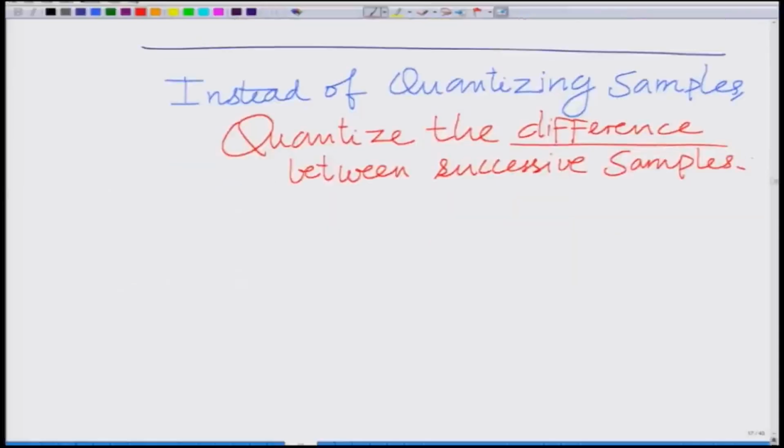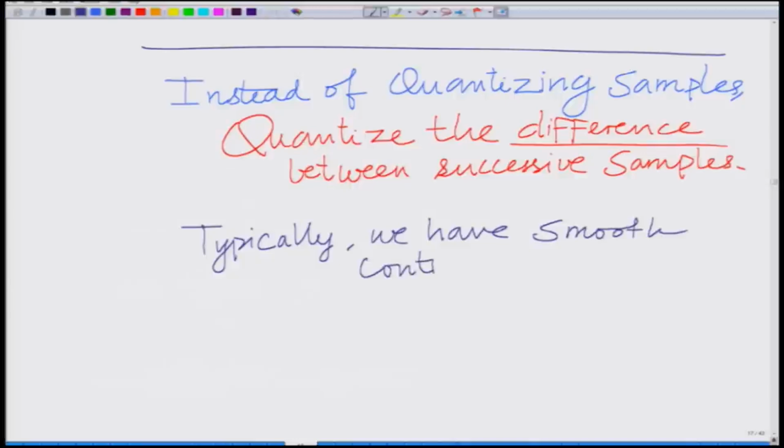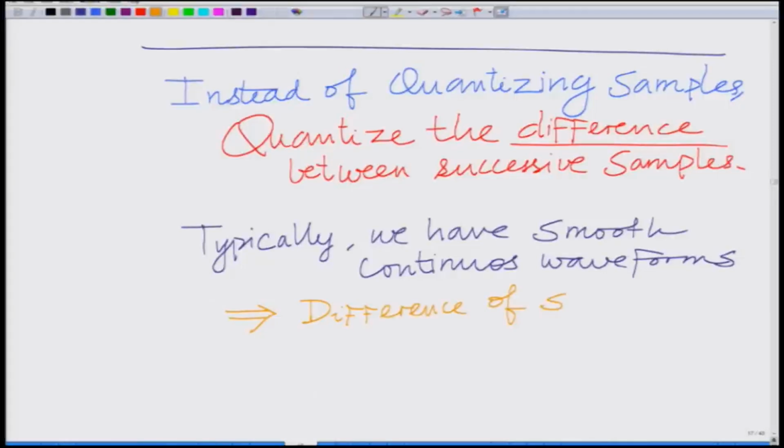So, let us note that. When we have continuous signals, we typically have smooth continuous waveforms, which implies that the difference of signal samples is small.